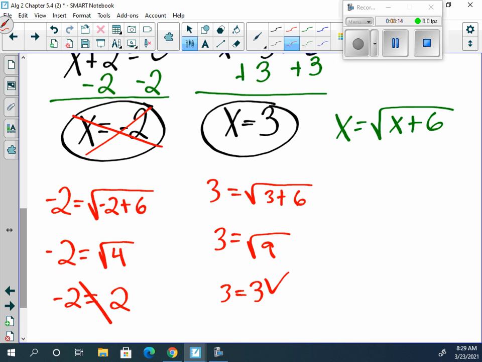Now, if you notice in both of these cases, when we checked it, the numbers that we got were the same. The signs were different. Like when we plugged in negative 2, we got negative 2 is equal to 2. They're still both 2, the signs changed. And that's dealing with the fact that we squared both sides. It's changing that sign. So we have to take that back into account.